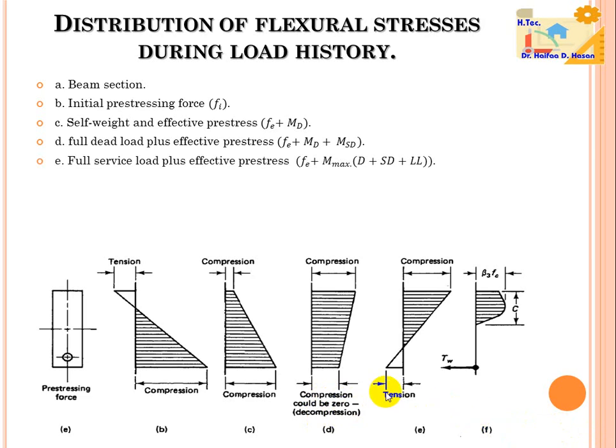In E, we can see full service load plus effective prestress, and the compression in the top fiber reaches the maximum state, and here tension appears at the center line of the prestressing tendon. In F, limit state at ultimate load for an under-reinforced beam.